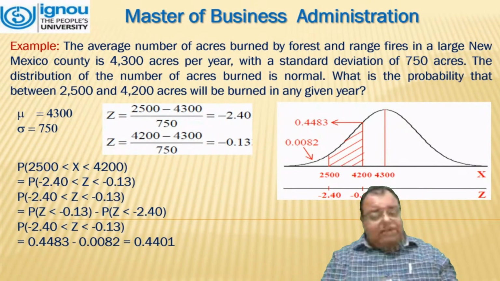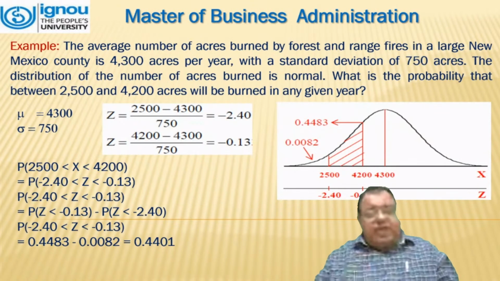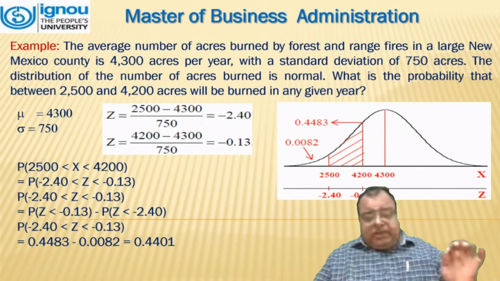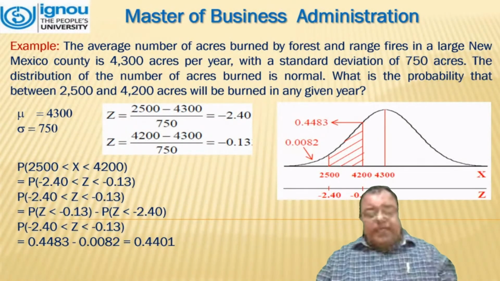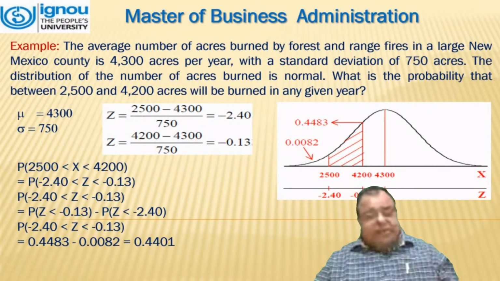Going back to the graph, when we plot it, we will be converting this 2,500 less than x less than 4,200 in terms of z. So that comes out to be the probability negative 2.40 less than z less than negative 0.13.